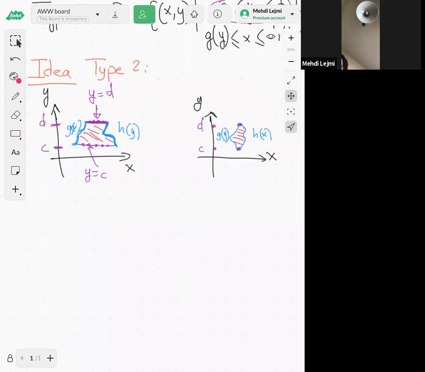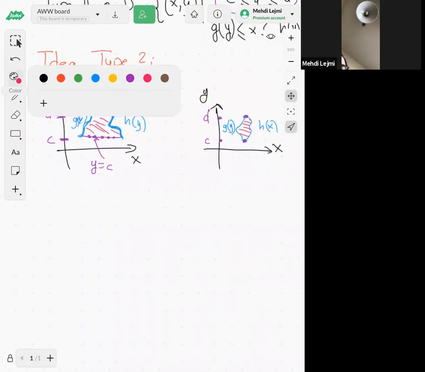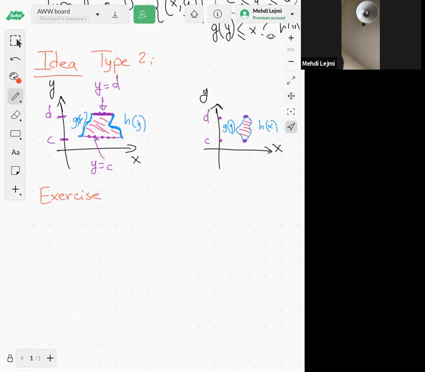Exercise. So let me just remind you the exercise here. So first, you have to determine whether D is an elementary region and the type of D. So is the region D elementary?